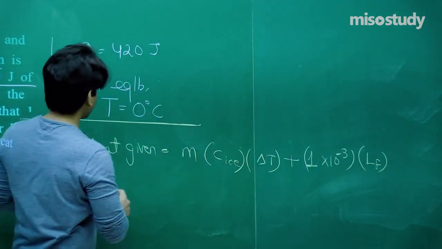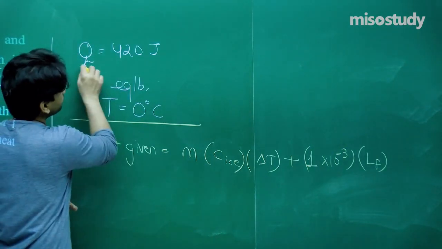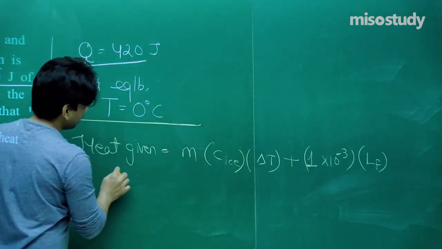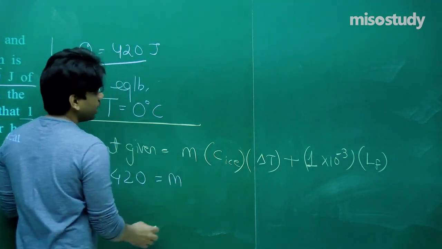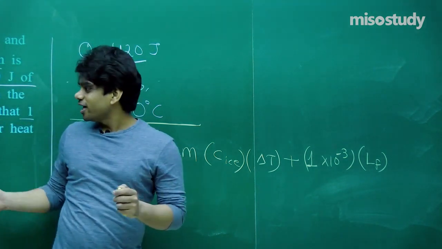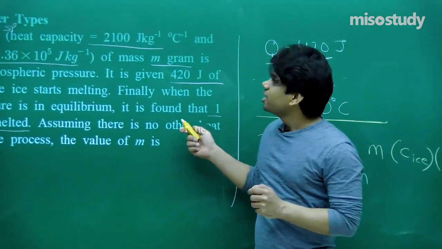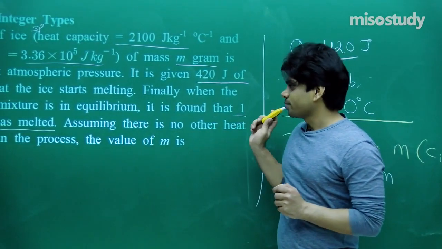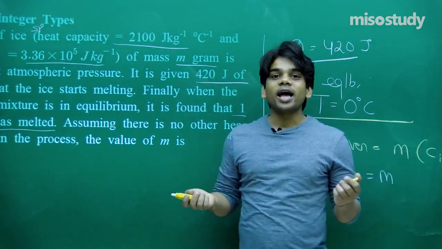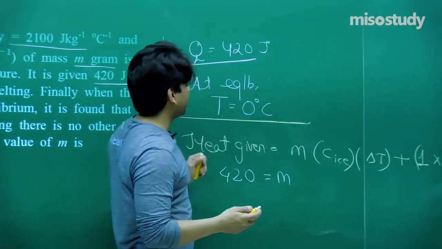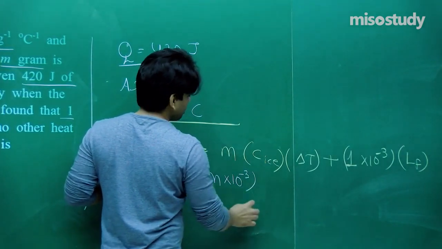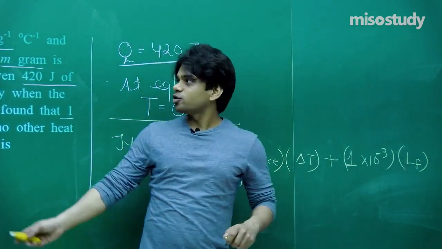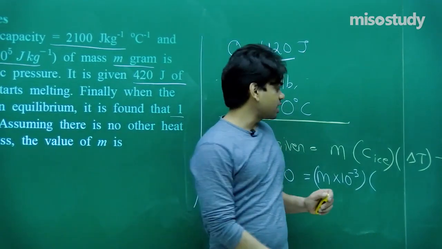Let us put all the values. Heat given is 420 joules. Mass m we need to evaluate, and it is asked in grams, since the given thing is in 1 gram. So you have to answer in grams what value of mass you have taken. So m into 10 to the power -3 you multiply, you will get the answer in grams. C of ice is given as 2100 joule per kg per degree Celsius.